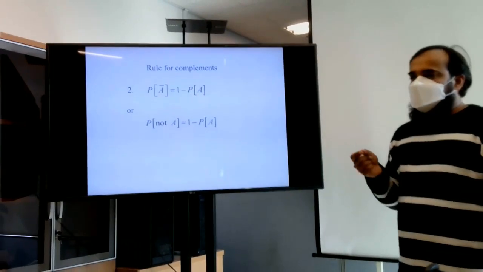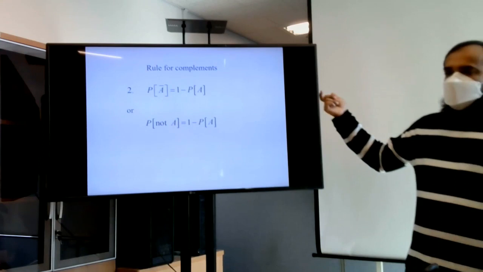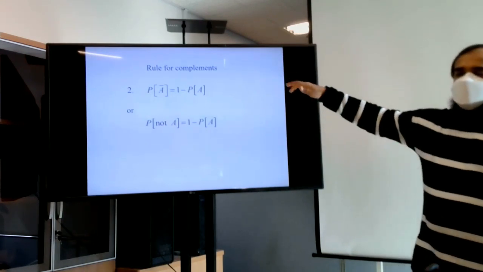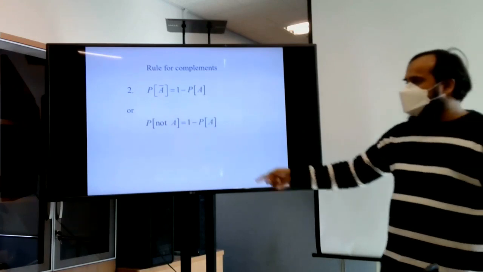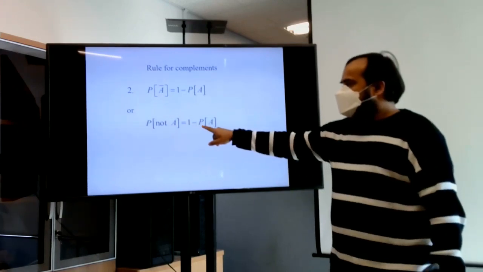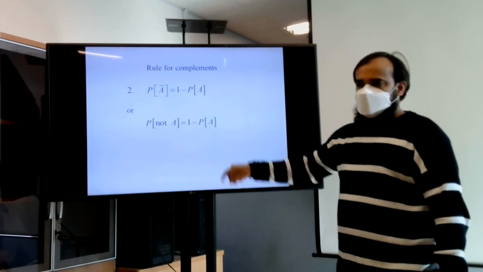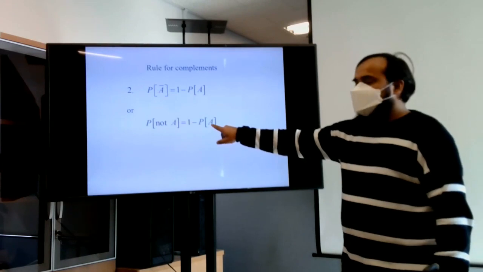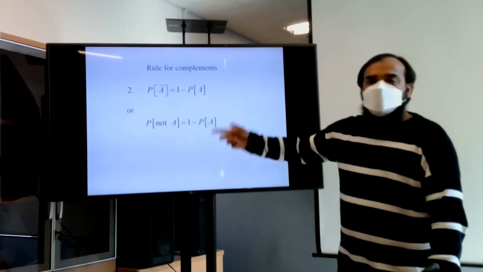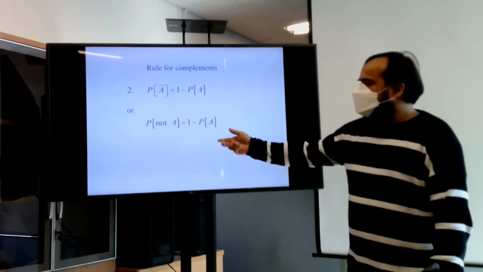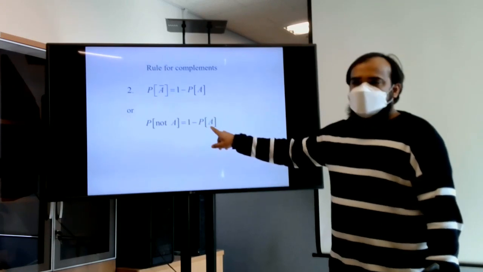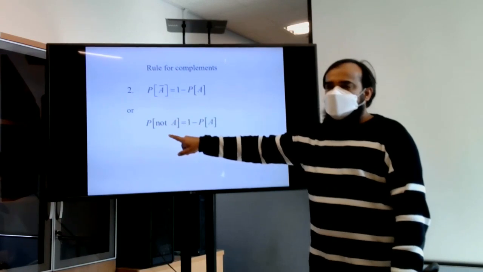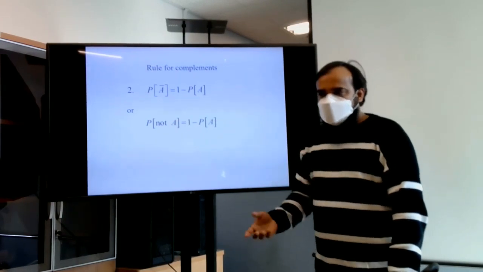In the multiple target scenario there may be multiple events, but if we are tracking only one target, then there is event A. The probability that it occurs is P of A, discussed in the previous slide, and the probability that it cannot occur is 1 minus P of A. For example, if the probability of A is high, suppose 0.8, then 1 minus 0.8 is 0.2. So the probability of A dash, that the object cannot exist, is only 0.2.